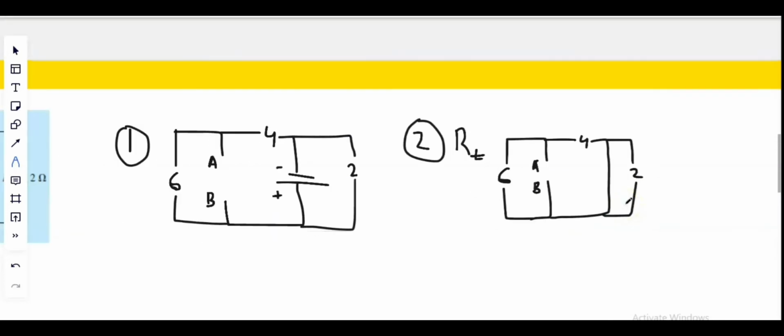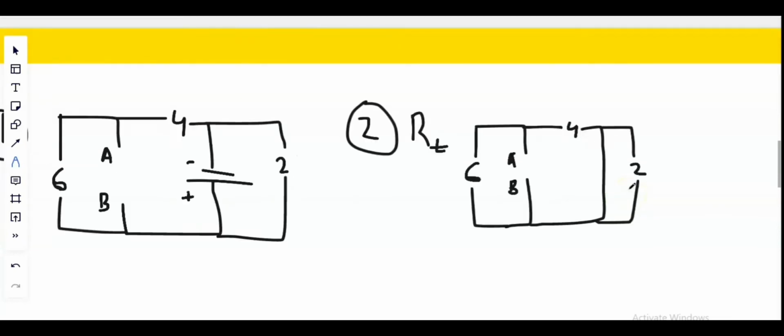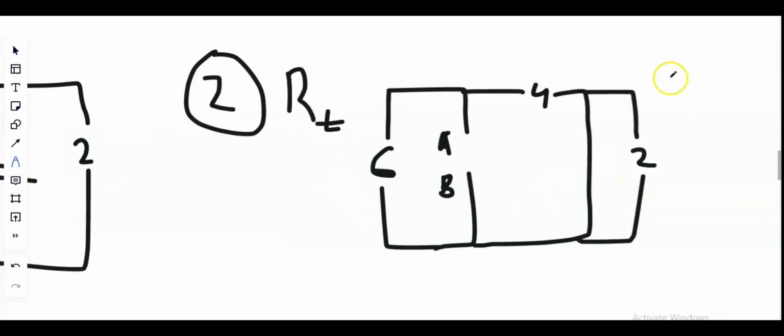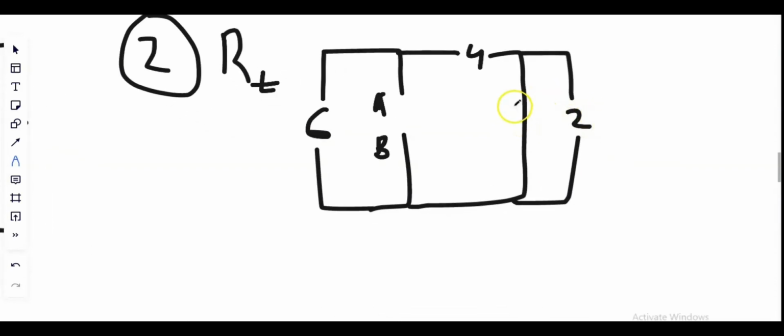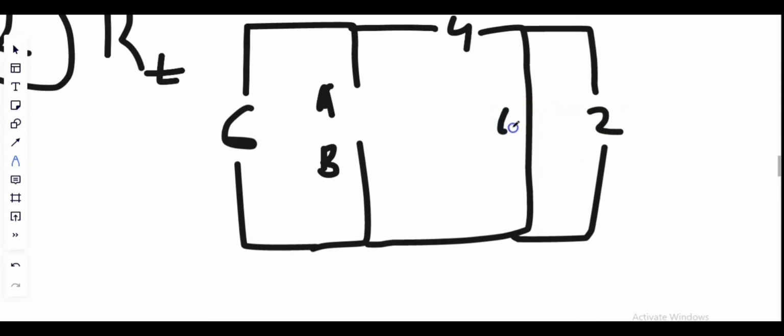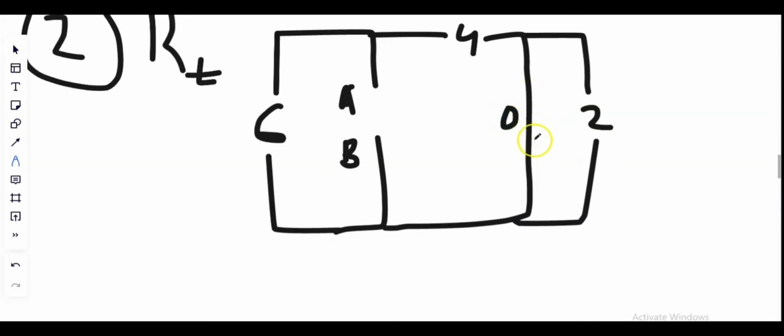Now to find the Thevenin resistance, which is also called equivalent resistance, we need to find the total sum, and we need to know which resistors are parallel to each other or in series. So I can say from here that it's 0 ohm at this wire.